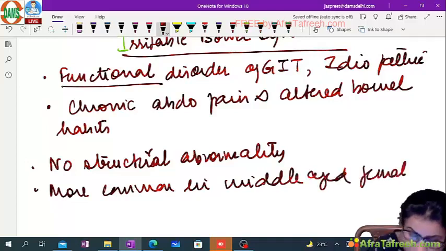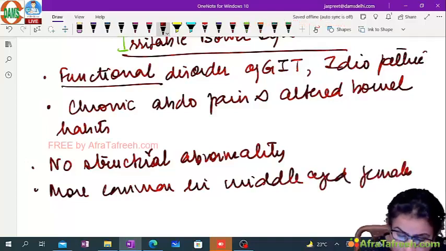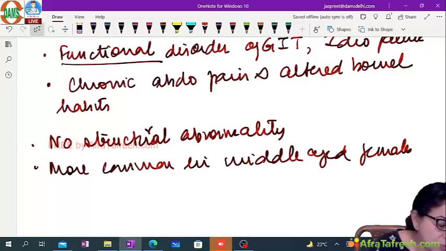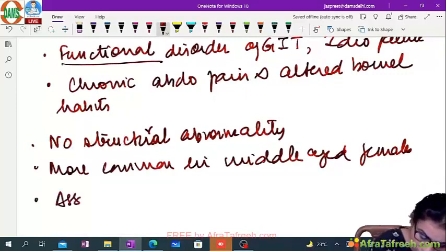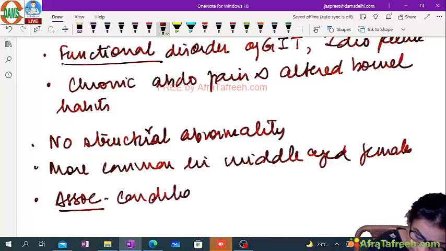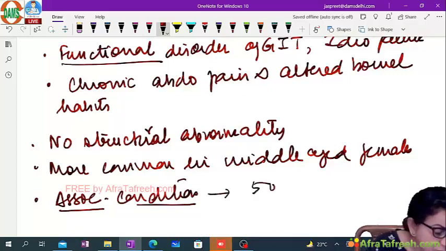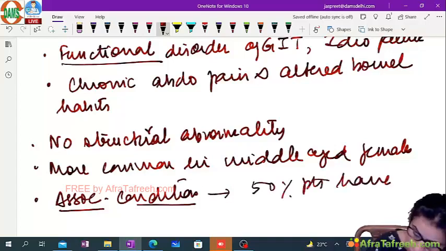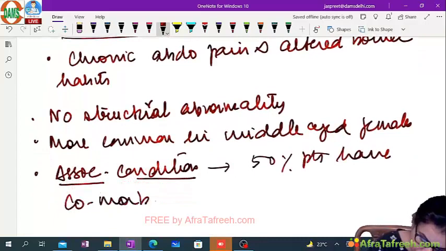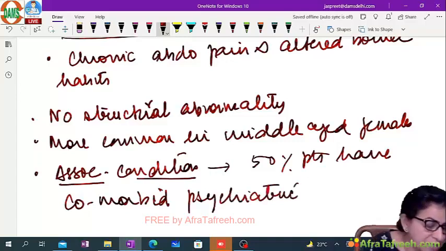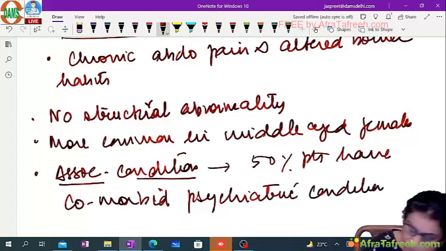The associated condition is that 50% of these patients have comorbid psychiatric conditions, for example, major depression.